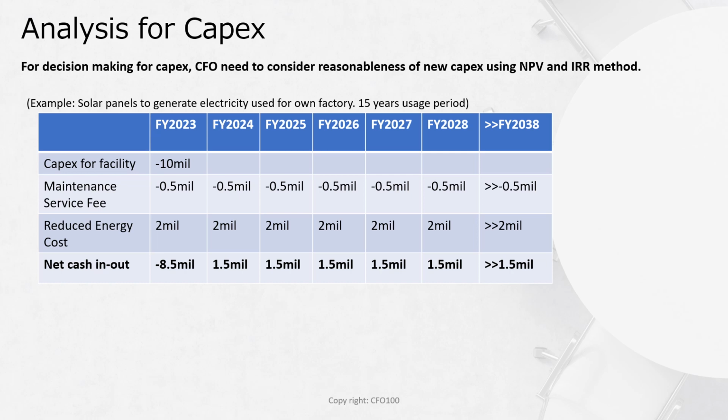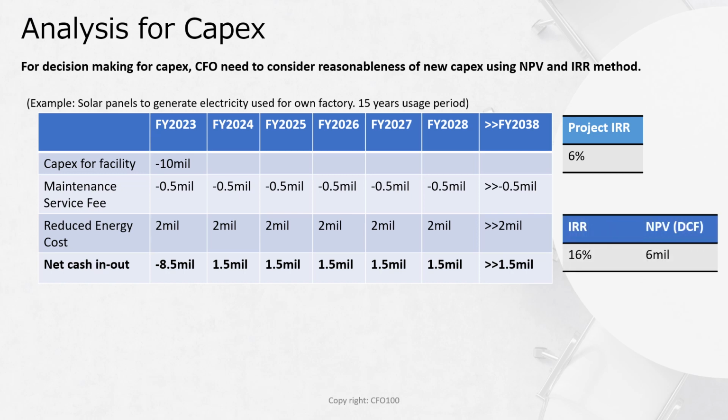Apart from those results, each project has an IRR. So, in this example, you can see 6% for project IRR as the entire business of the company, and 16% of the asset IRR, and 6 million NPV for each.